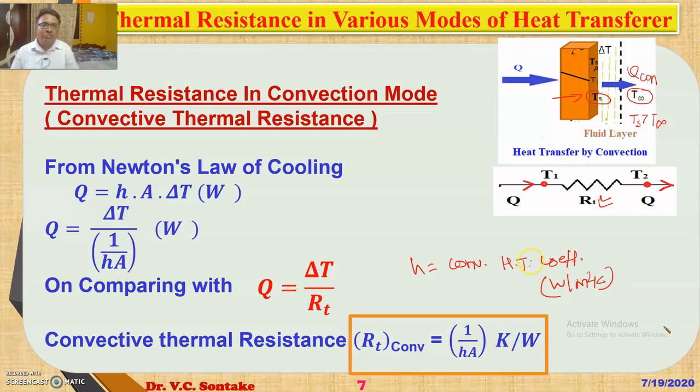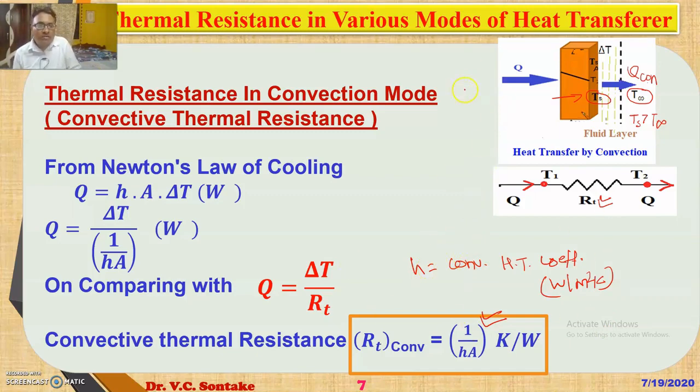So whenever heat transfer takes place from surface to the fluid by convection mechanism, this much resistance will be offered by this fluid material to the path of the heat flow. Mind well, 1 upon hA is the resistance offered by the fluid to the path of the heat flow whenever heat transfer is taking place by convection.